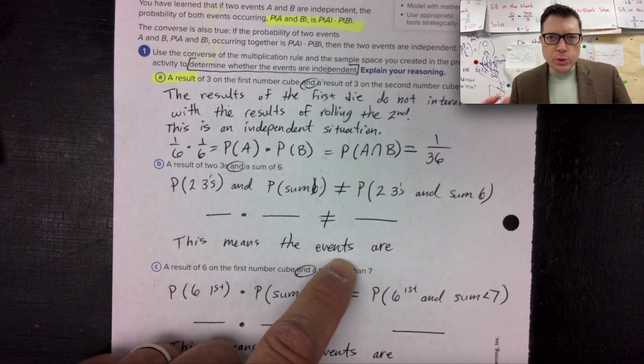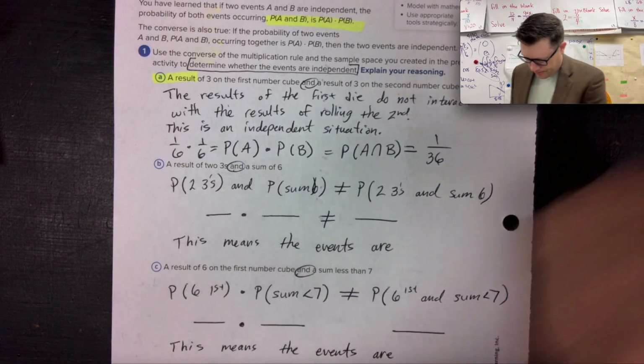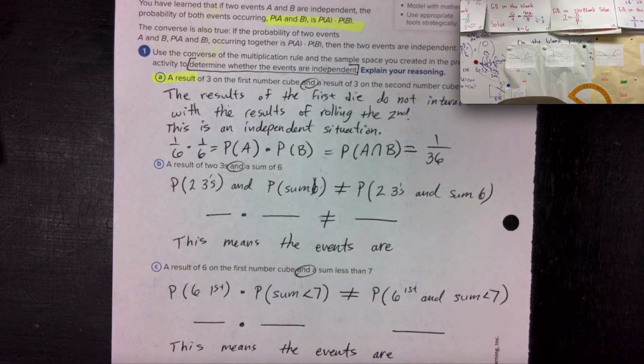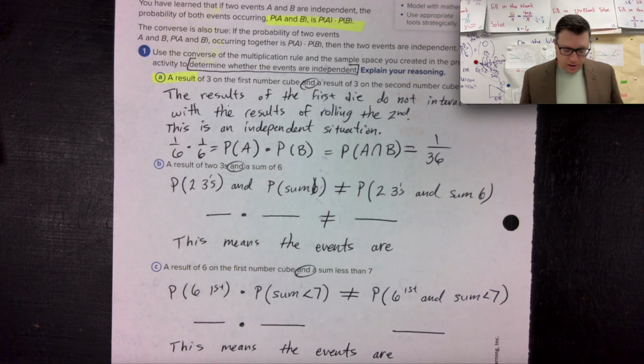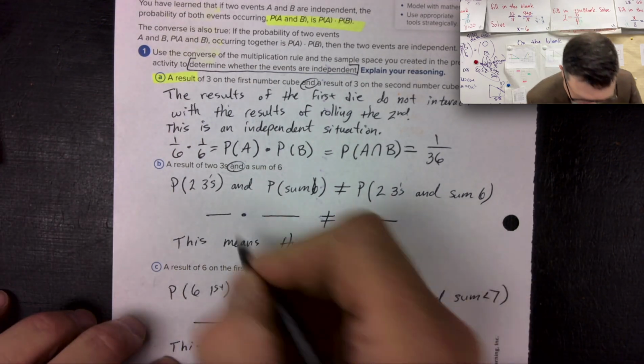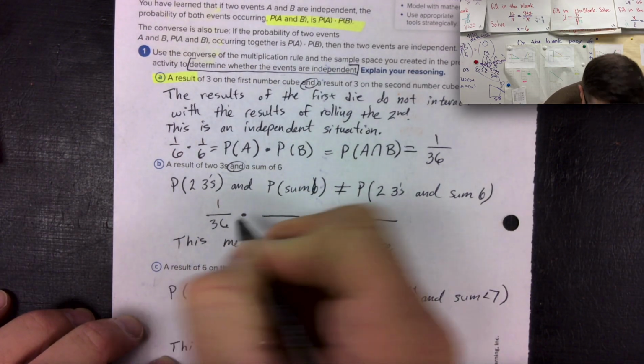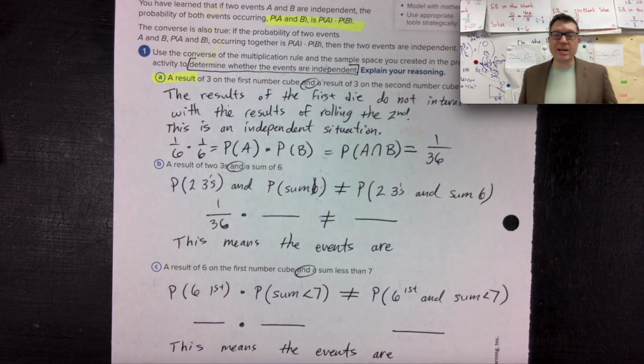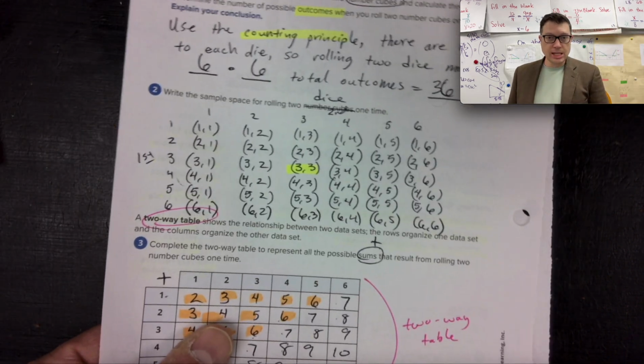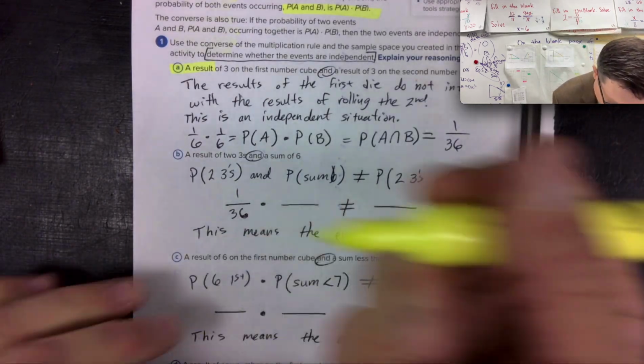If we get a non-true equation, then they are not independent. So let's consider this one. First of all, rolling 2 3s is a 1 out of 36 chance because it's the only one that's highlighted in the option. Rolling 2 3s.